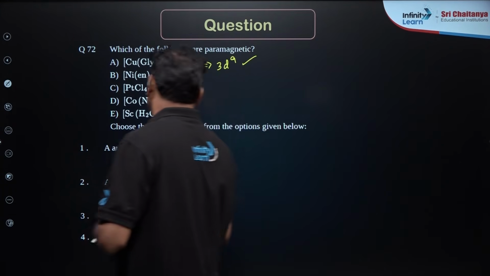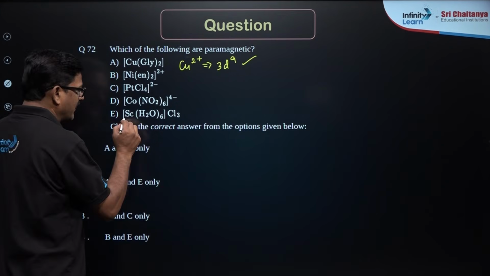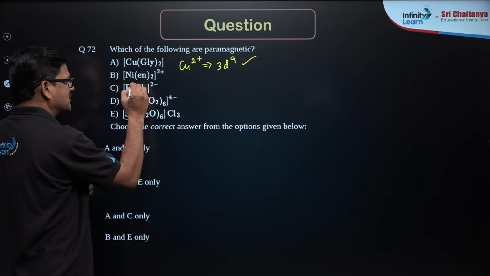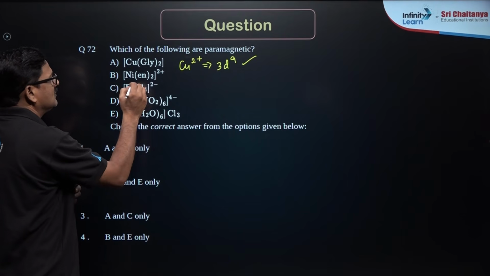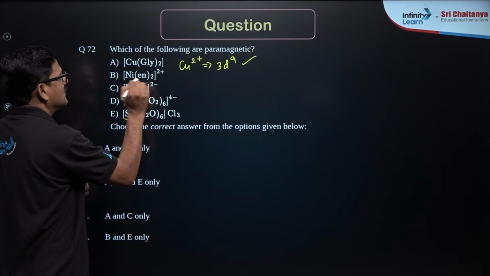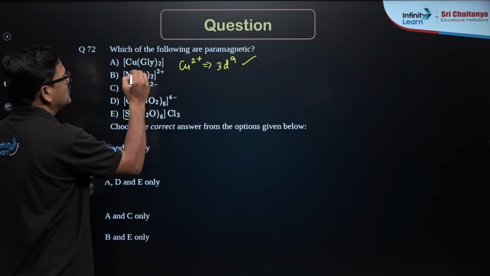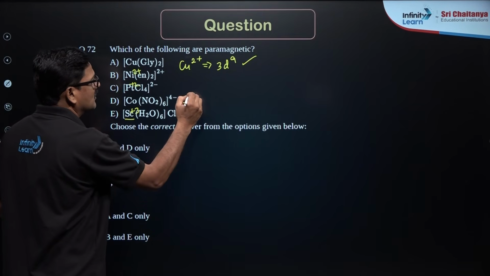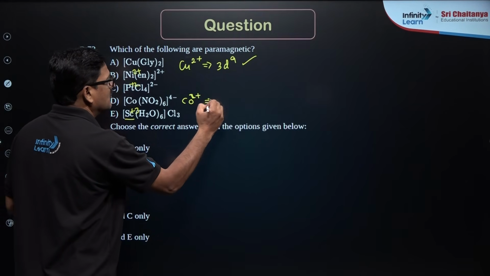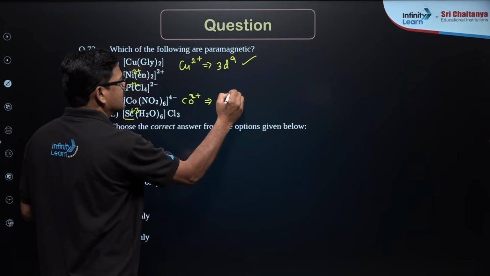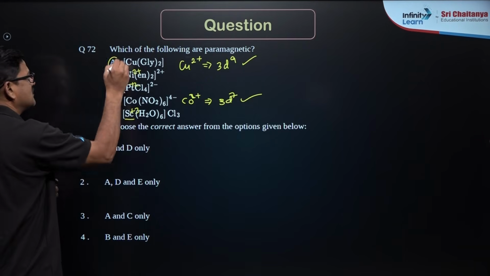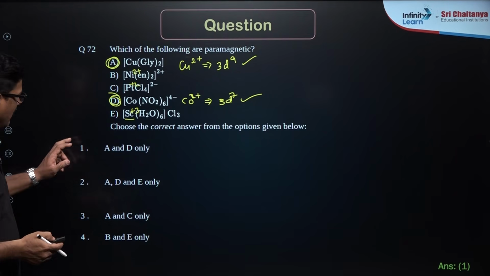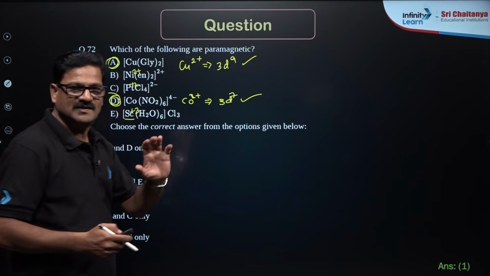And you can also see scandium 3 plus is diamagnetic, platinum 2 plus is diamagnetic, nickel 2 plus is going to be diamagnetic, cobalt 2 plus is going to be paramagnetic, 3d7, it is paramagnetic. So A and D are going to be paramagnetic, so option 1 is the correct answer for this question.